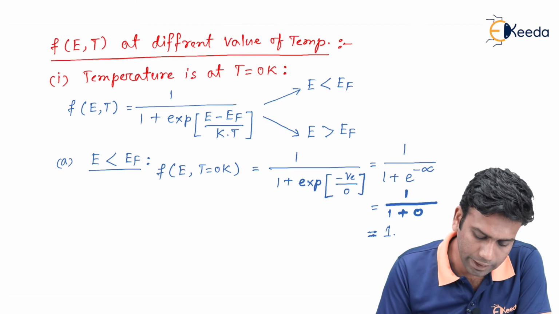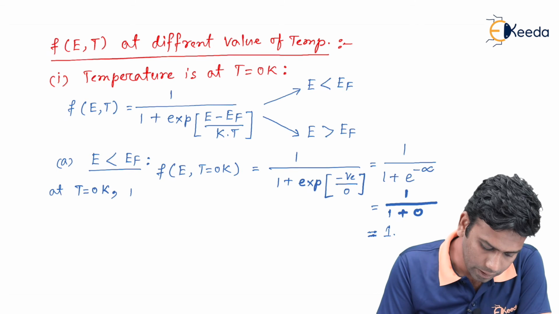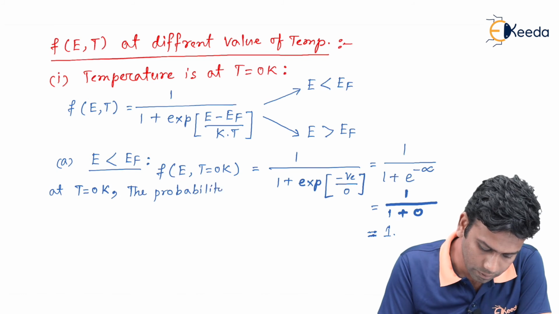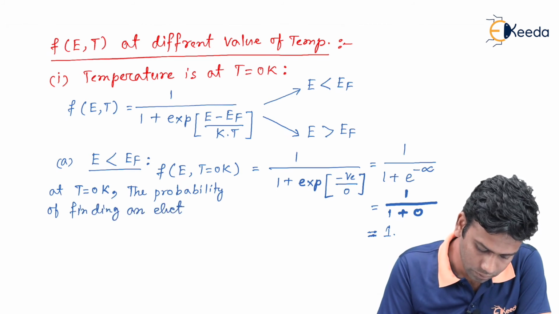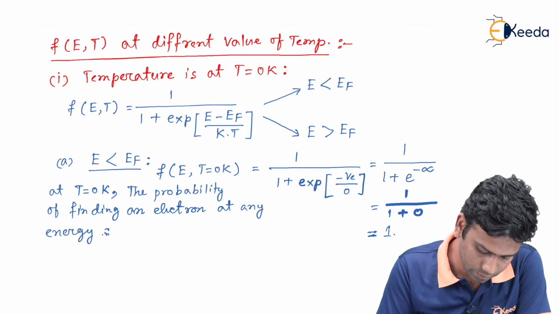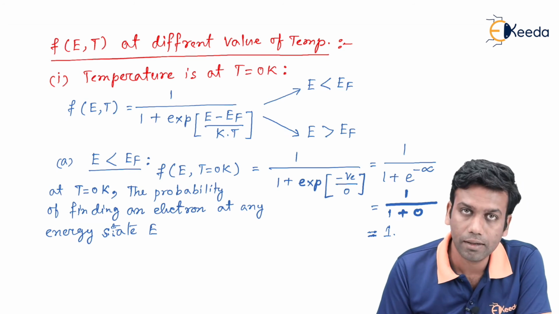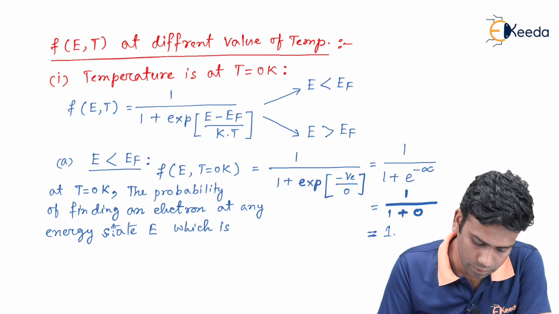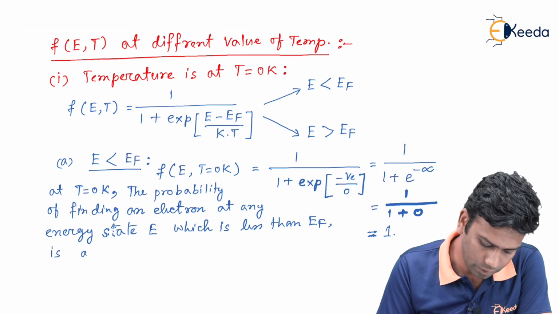That means we can write in statement that at T equals to 0 Kelvin, the probability of finding an electron at any energy state capital E, which is less than the Fermi level, that is EF, is always 1.